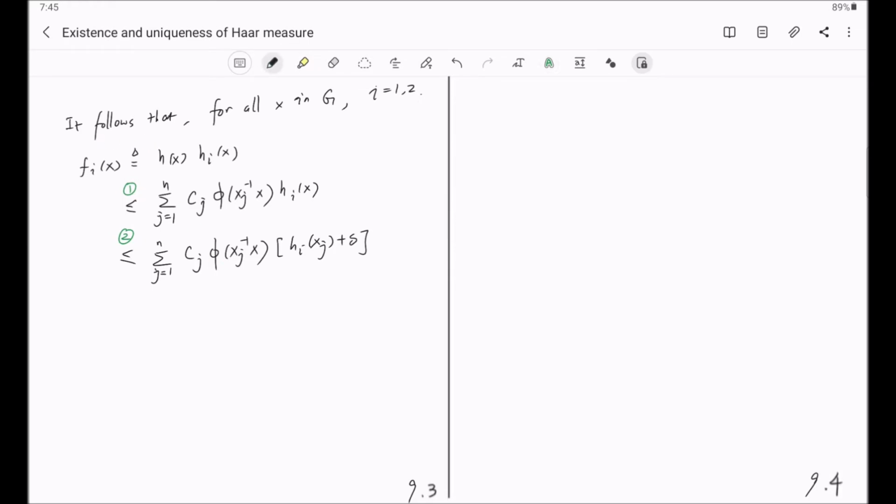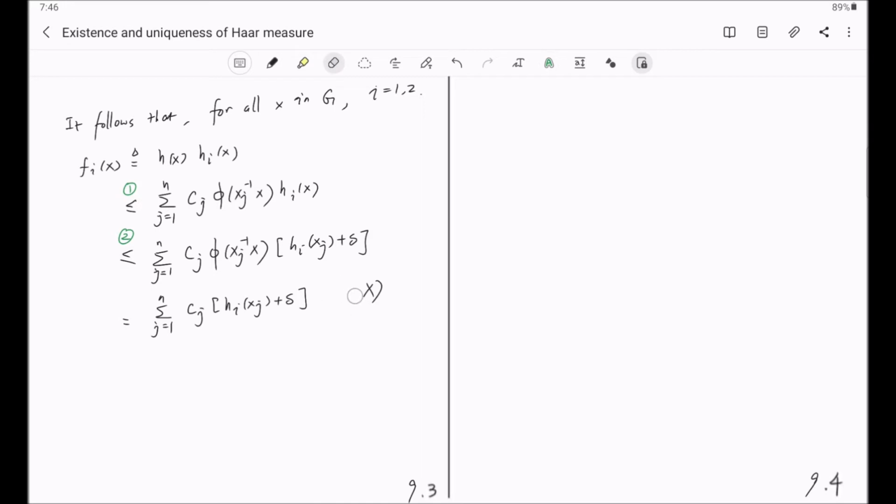This tells us, together with the definition for f_i column phi, and at the last step I better switch the role of phi and those h's here so that you can see it in a clearer way. This together with the definition for f_i column phi.